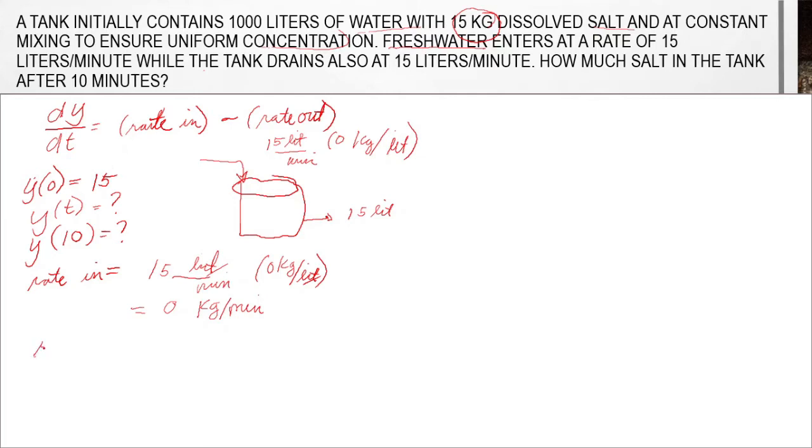Now comes your rate out. Rate out is equal to y as a function of time over 1000 liters. So that means at a certain time we have the concentration in kilograms per liter.